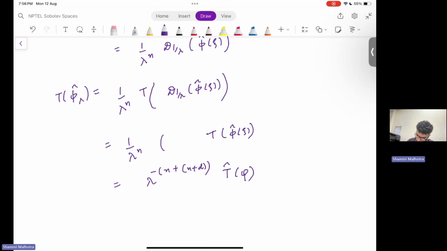This is 1 by lambda raised to the power minus n minus d.